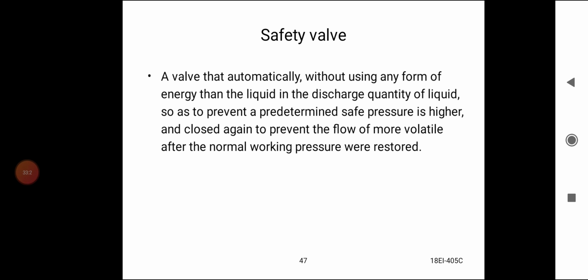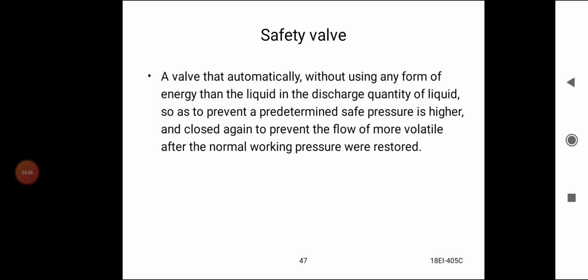Safety valve: a valve that opens automatically, without using any form of energy other than that of the fluid itself, to discharge a quantity of fluid so as to prevent a predetermined safe pressure from being exceeded, and closes again to prevent the flow of more fluid after the normal working pressure has been restored. When high pressure is there, the valve opens, then automatically releases the pressure or fluids.